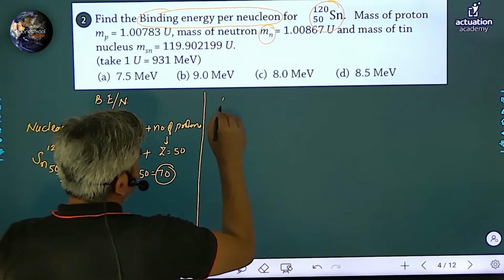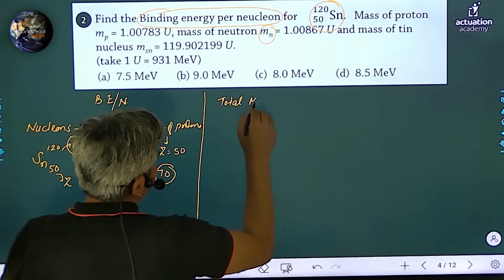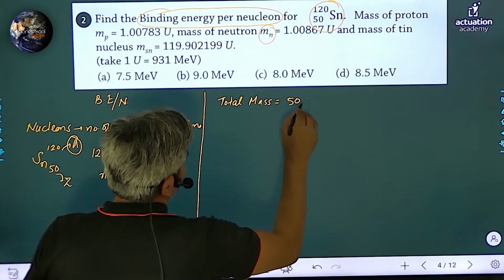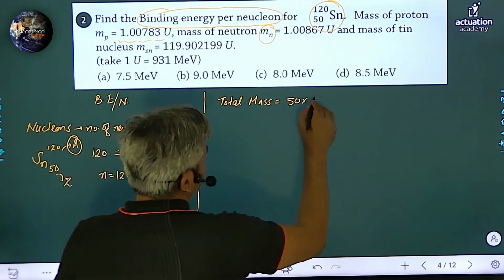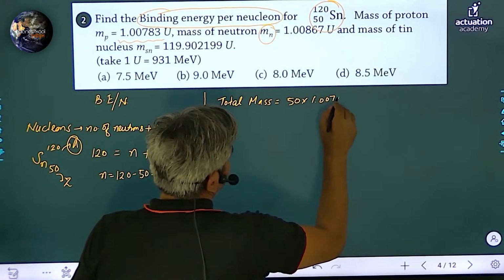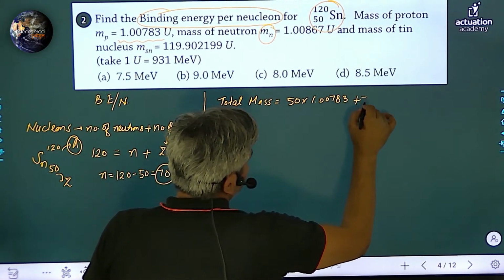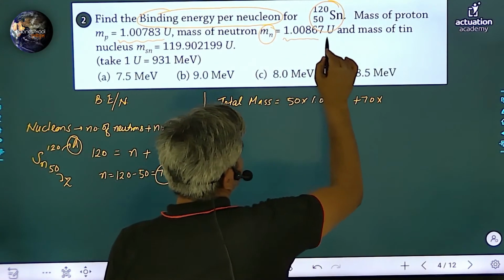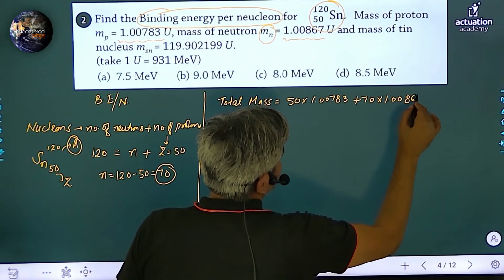So the total mass, which we call the theoretical mass, is 50 times the mass of a proton, which is 1.00783, and 70 times the mass of a neutron, which is 1.00867.